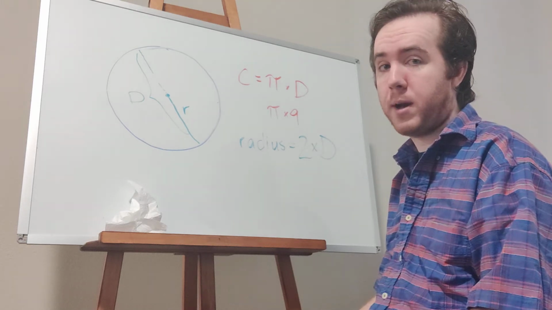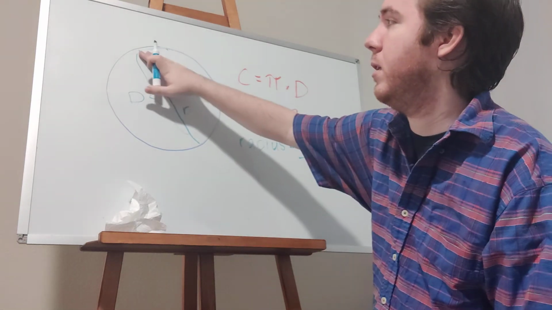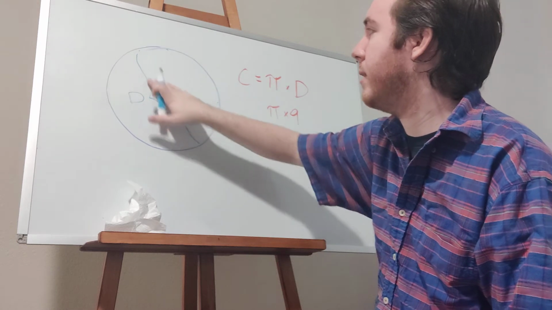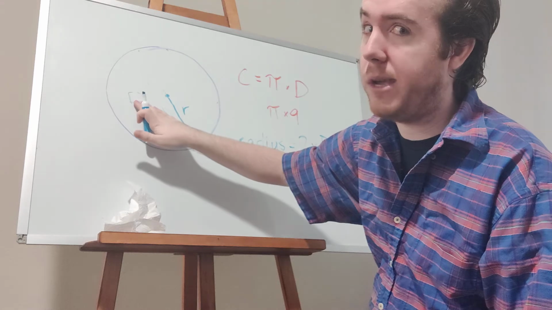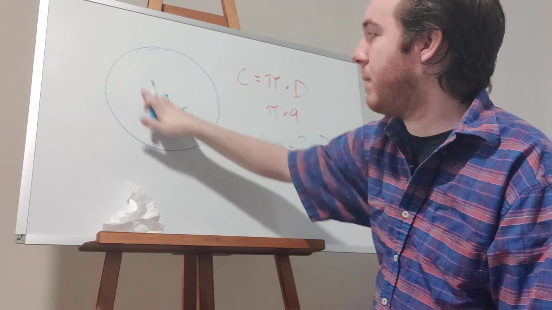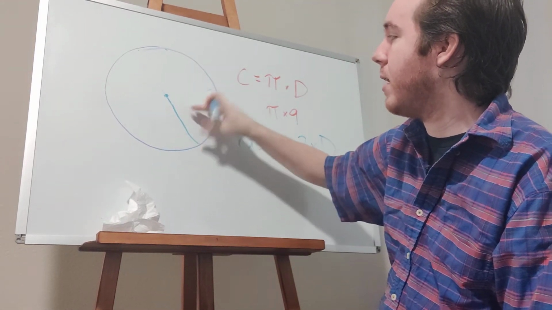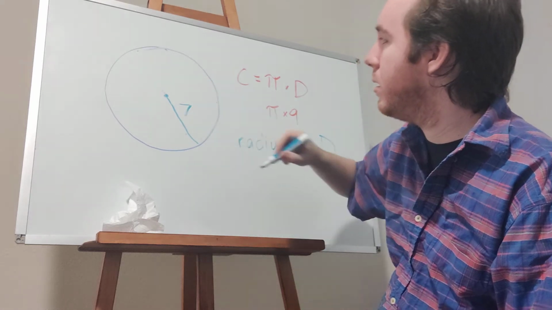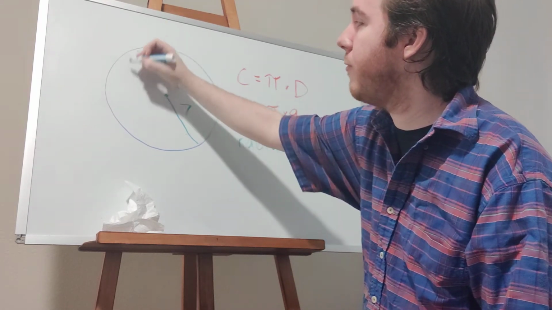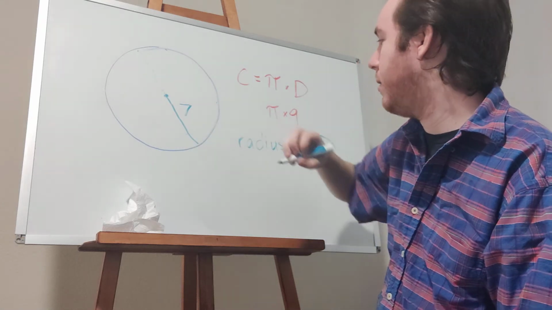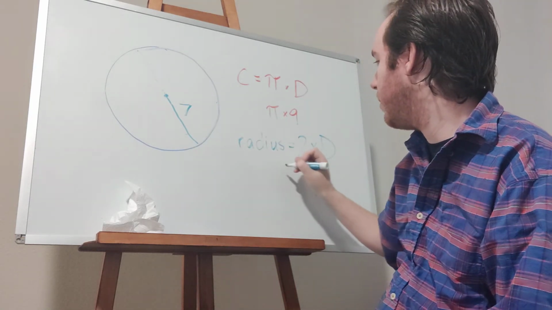So if you're doing a problem and they show you the radius, let's say they tell you the radius is 7. Wink, wink. I'm not very good at winking. If they tell you the radius is 7, you would simply double that length, the full length, that diameter.